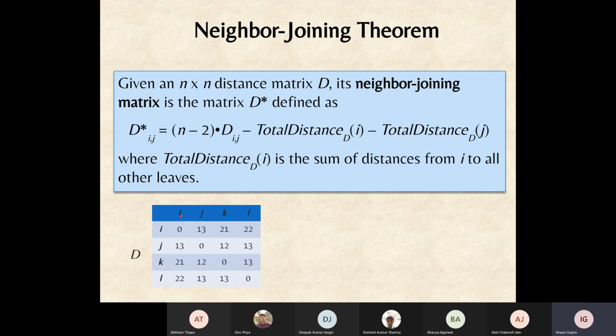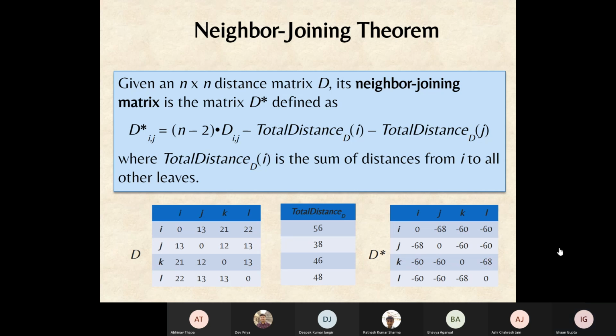The total distance Di is going to be the sum of distances of this node i with all the other nodes. It's 13 plus 21 plus 22. So you calculate the distances. This is 56 for the case of i, for j it's 38, for k it's 46, and for l it's 48. All right. Now the D star ij is shown here. Is this clear?